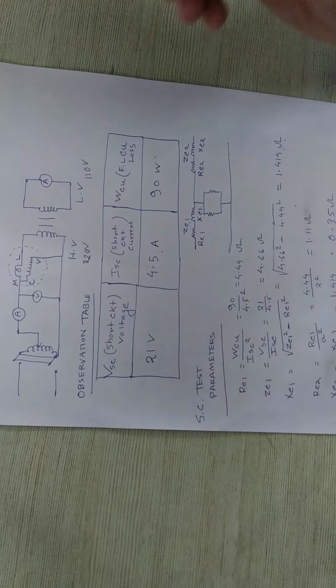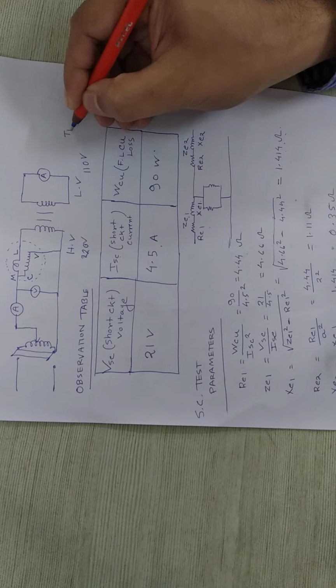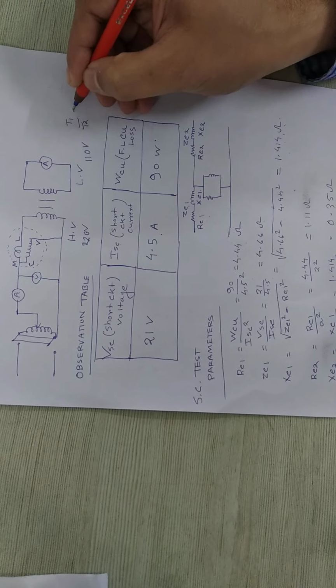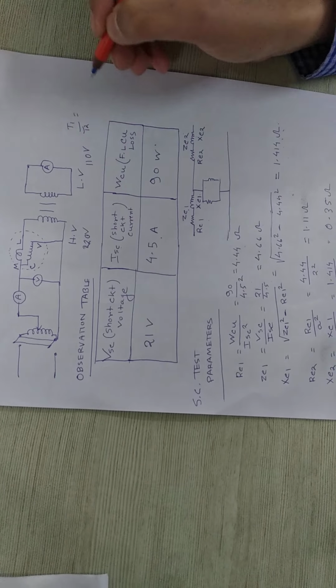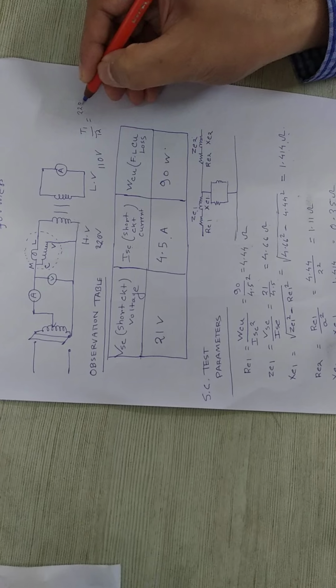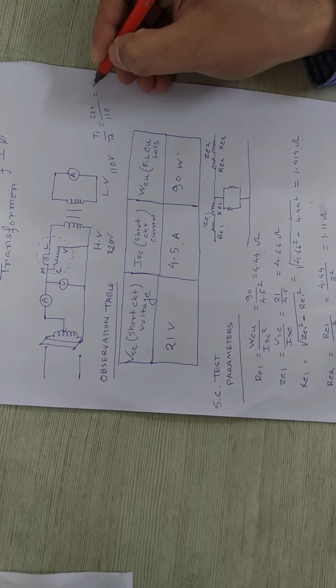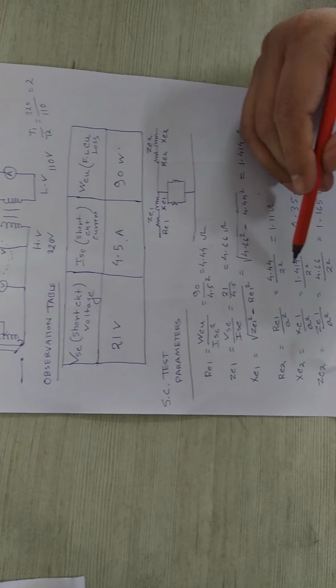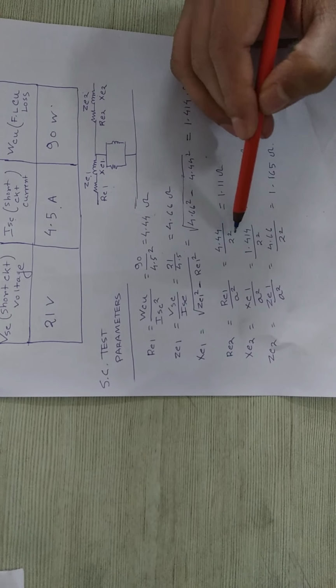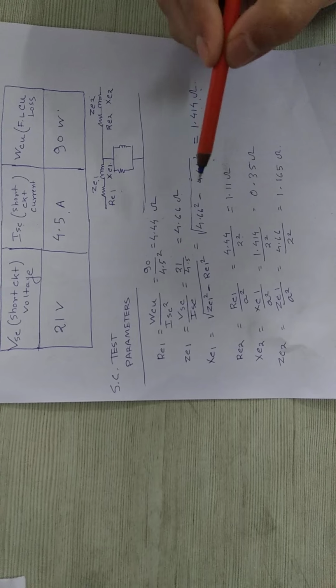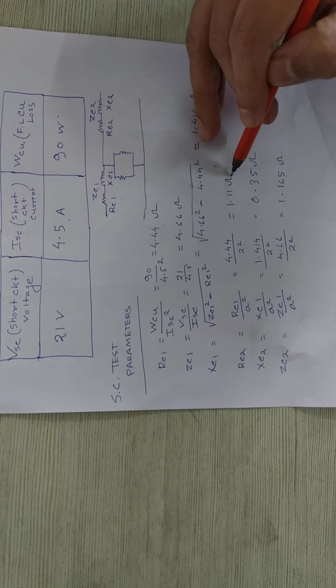So the turns ratio, that is T1 by T2, equals 220 by 110, equals 2. So here RE2 equals RE1 by A square, that means 4.44 by 2 square, equals 1.11 ohm.